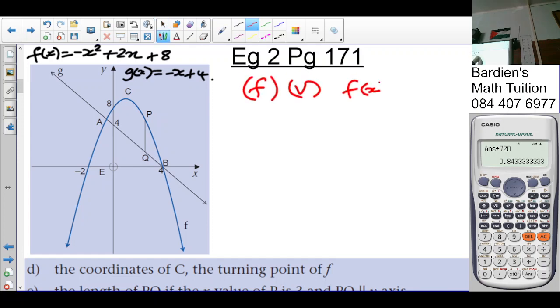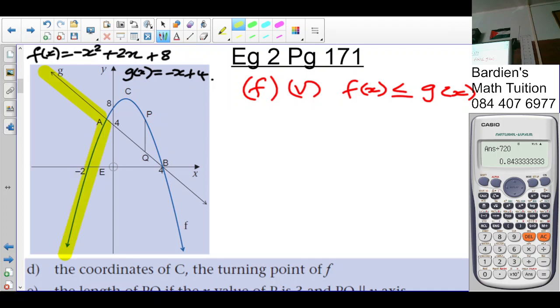Now, if you look at this part of the graph here, is f on top or at the bottom? g of x must be on top, no? It's on top. So g of x is greater than the f of x graph. So that part I'm interested in.